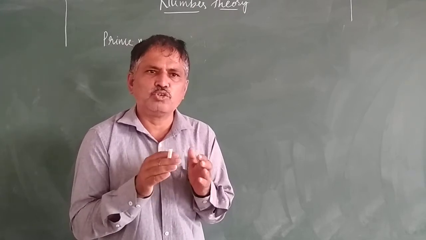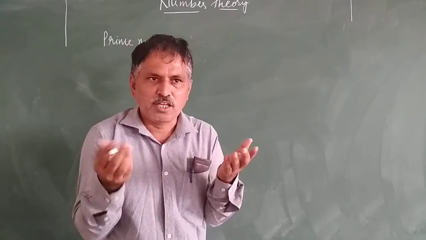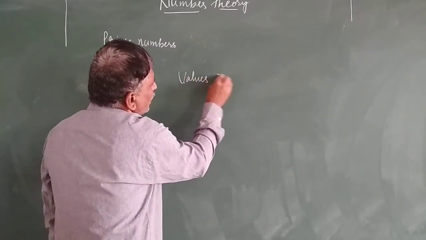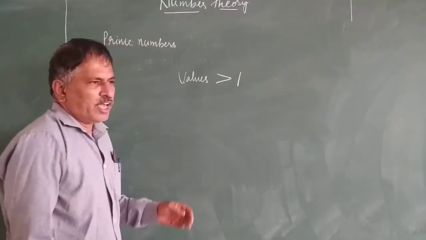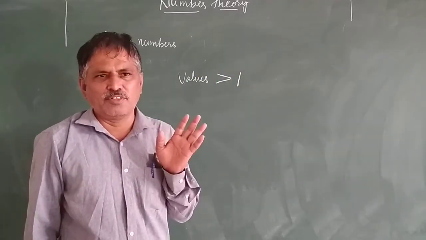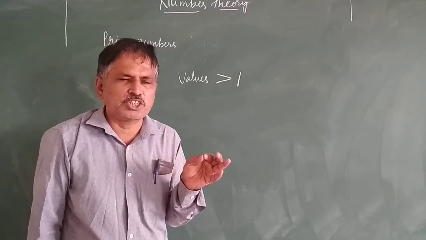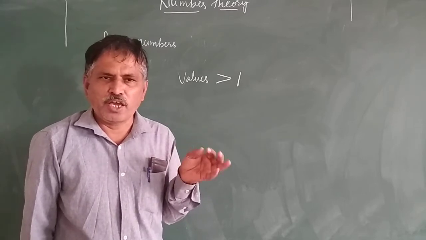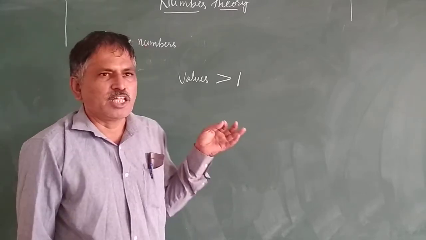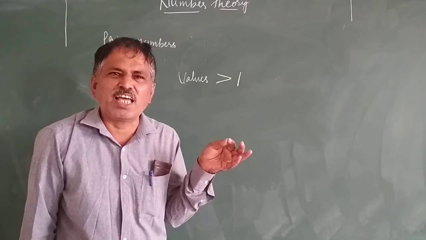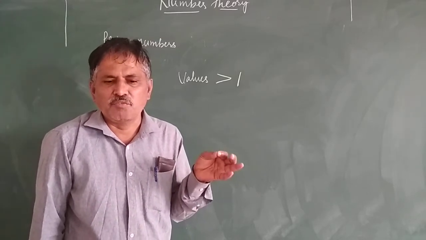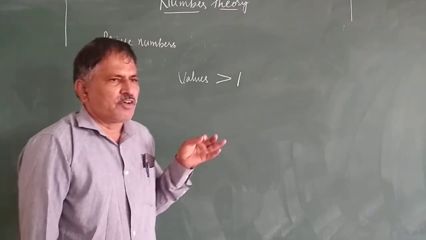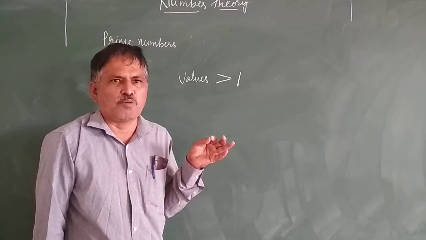But those values which are greater than 1 are to be considered to decide whether a given number is a prime number or a composite number.